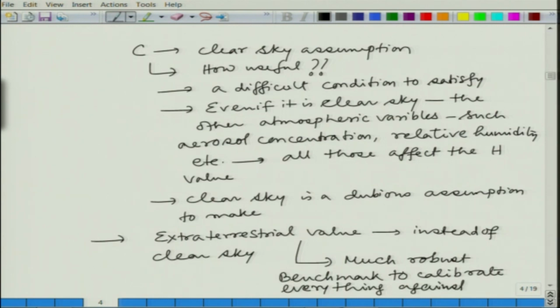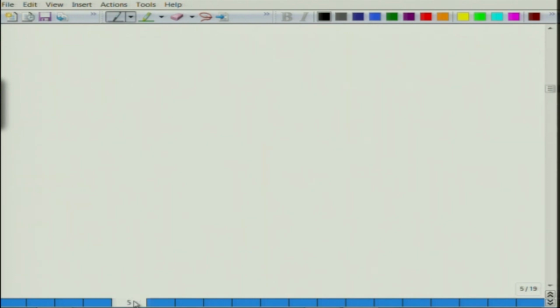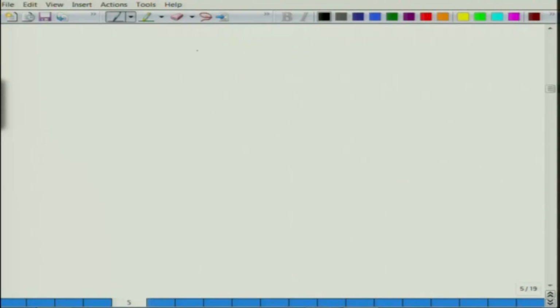against. Okay. So, the equation form does not change. What we change is, now we change that with the extraterrestrial value. Okay. So, now you can see this O stands for extraterrestrial. Okay.